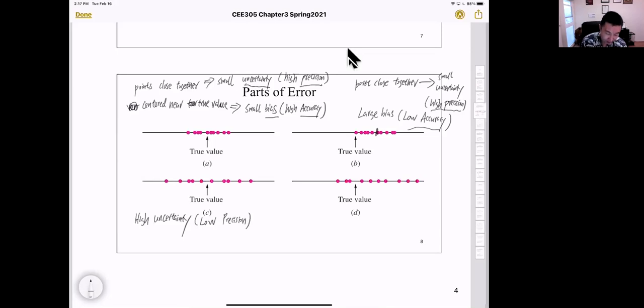However, the mean value of these 10 measurements in case C, which is around here, is very close to the true value. As a result, we call that small bias and high accuracy.